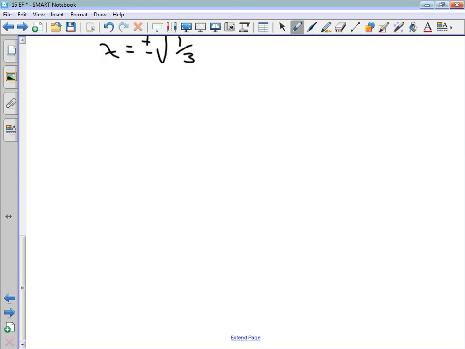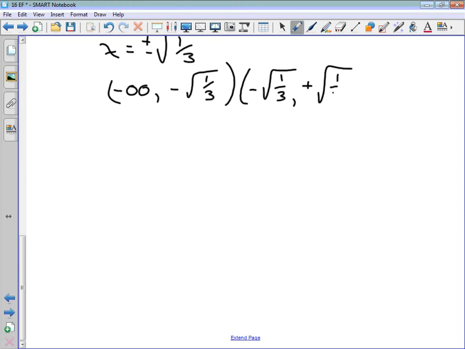We are going to set up our intervals here. So we're going to have -infinity to negative root 1/3, negative root 1/3 to positive root 1/3, and then positive root 1/3 to positive infinity. And remember, we are checking the sign of each term in our second derivative.